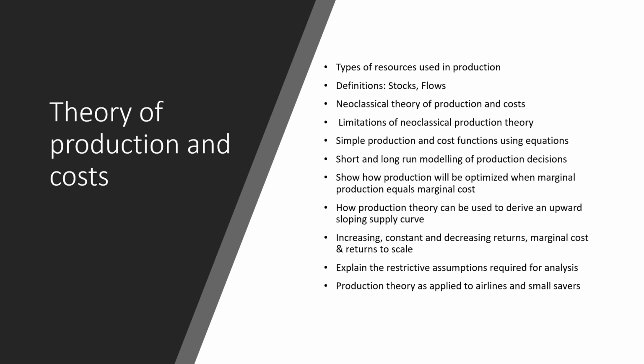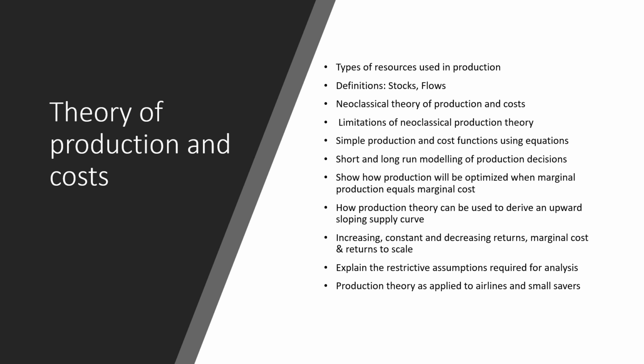We're going to go through the neoclassical theory of production and costs, and you might see some similarities between the neoclassical theory of production and costs and the neoclassical theory of consumption that we looked at in the last unit. We'll also look at its limitations. Then we'll go on to the hard part, which is lots of graphs and lots of equations, looking at simple production and cost functions.